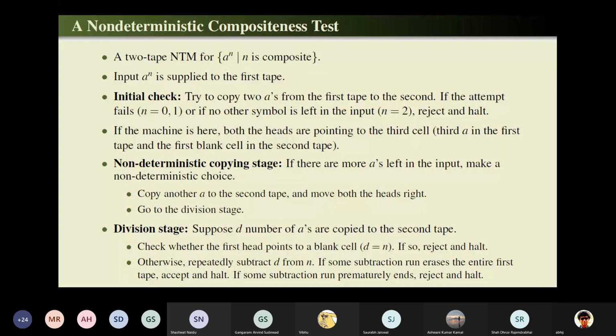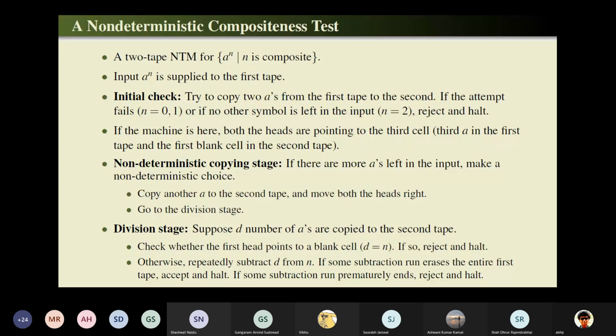And then what it does, so it has a^n on its first tape, it has a^d on its second tape. Okay. All it wants to check is whether this n is a multiple of d. So how do you do that? For the d a's on the second tape, erase some d a's from the first tape. Once again, make another pass, erase some d a's.